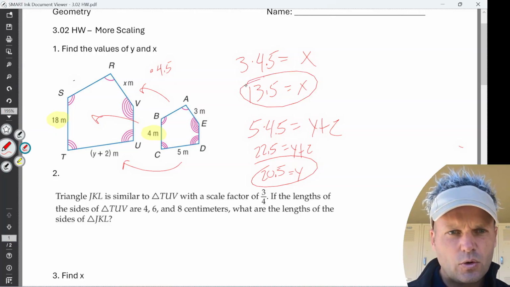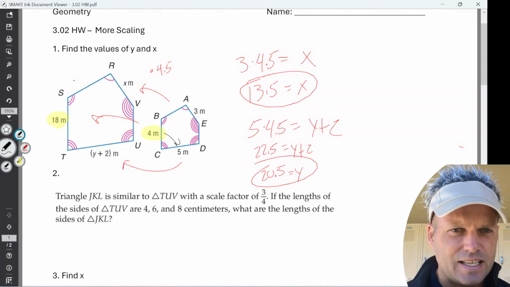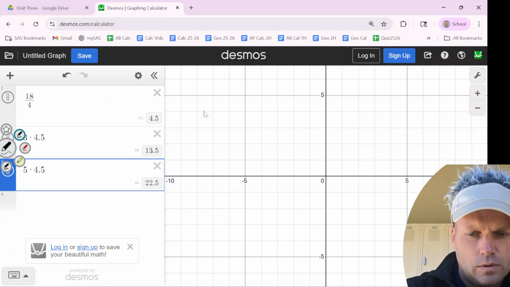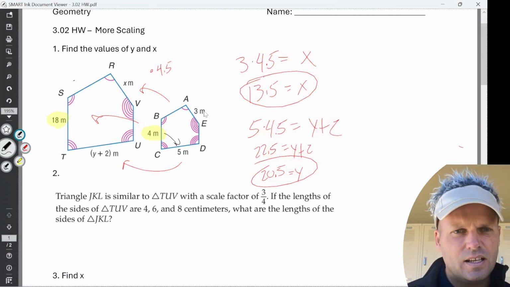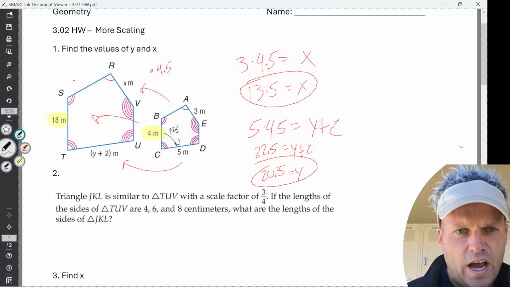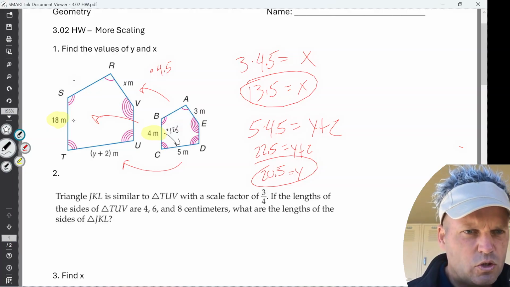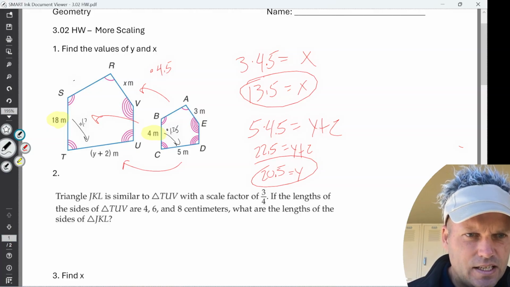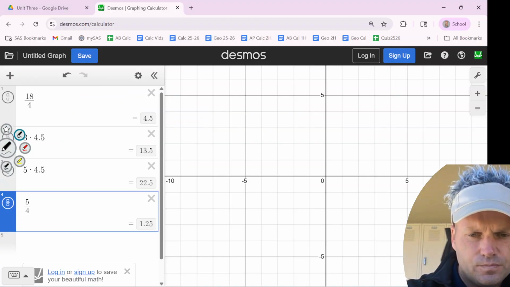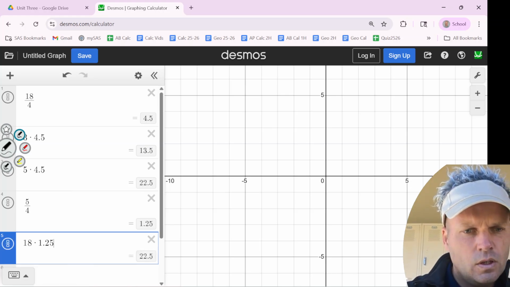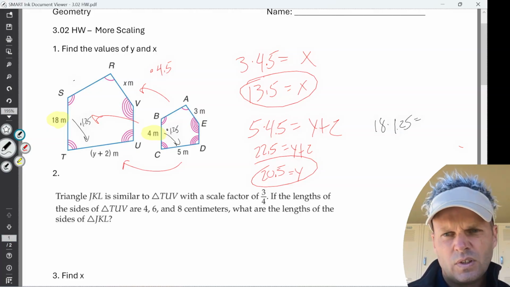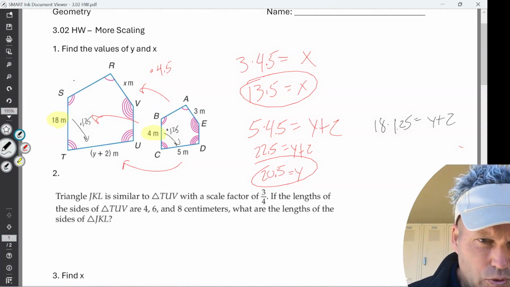Okay, now there's other ways to do this. We could have looked at the relationship between BC to DE, and we could have said that 4 to 5, that ratio, 5 divided by 4 says that CD is 1.25 times the size of BC, which means you could have done, and this is just an example, 18 ST times 1.25, which is 22.5, to get Y plus 2 TU.